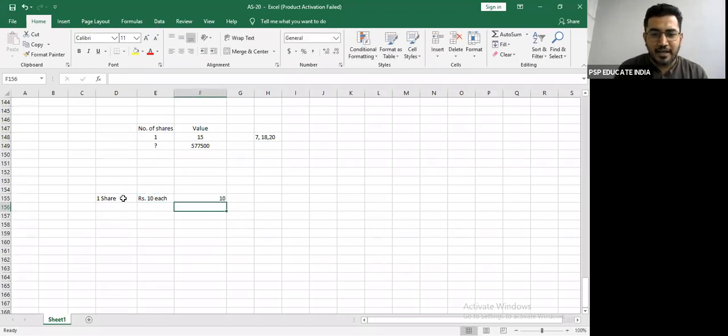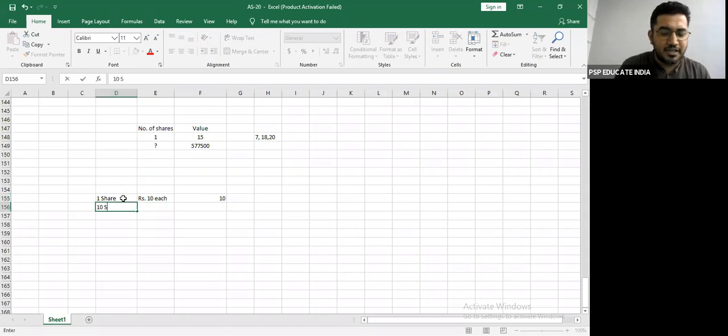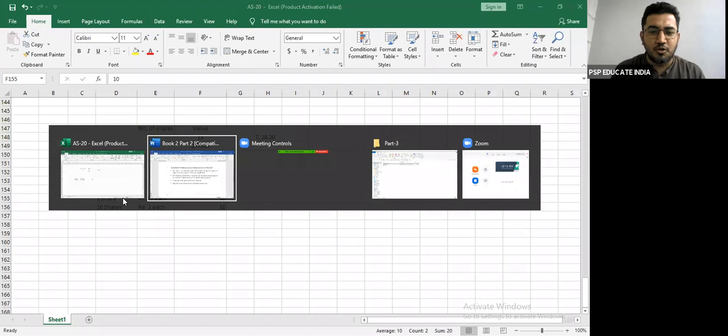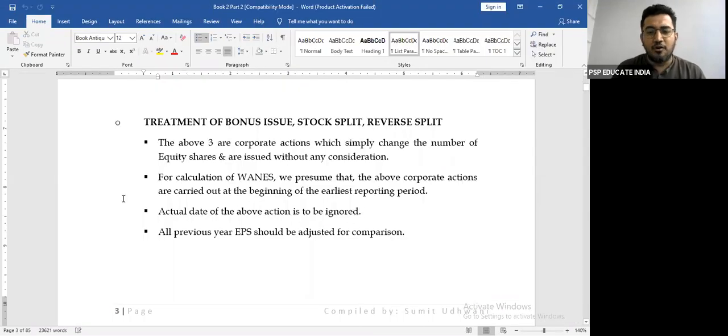I make that 10 shares of rupee 1 each. Again, if you understand the implication, total investment remains the same. Only one share which was of 10, you split into 10 shares. That is known as stock split. Again, that's a corporate action. No consideration is involved, and you will always take the earliest reporting period.